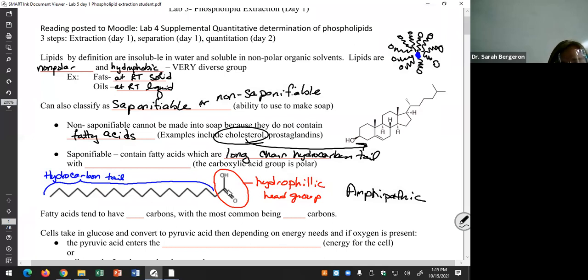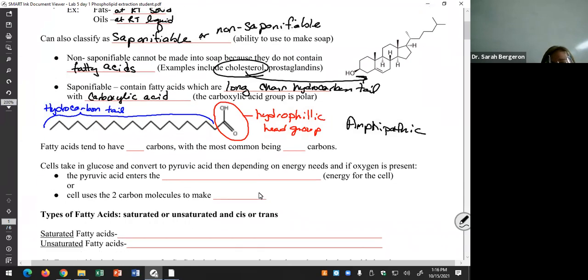There's a particular functional group, carboxylic acid. That's why we call them fatty acids. I should have said this group is polar. Things I need to go back and edit.